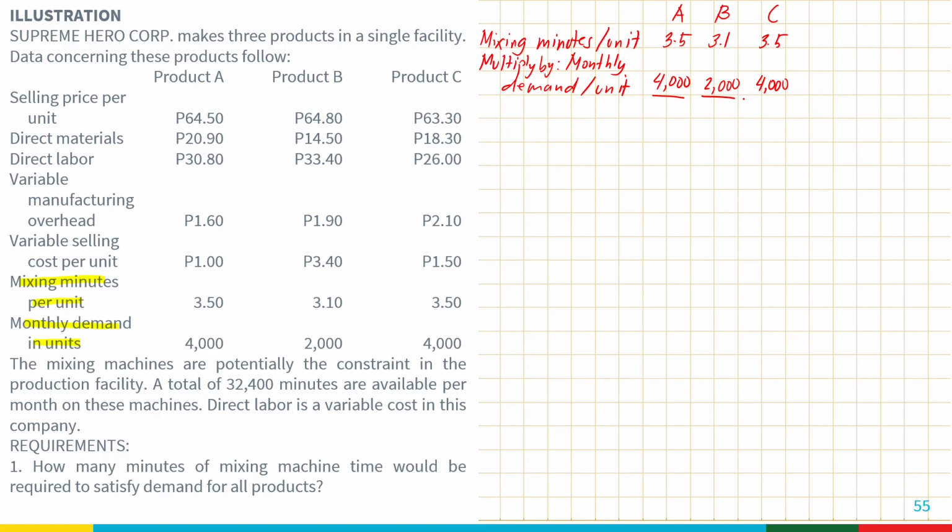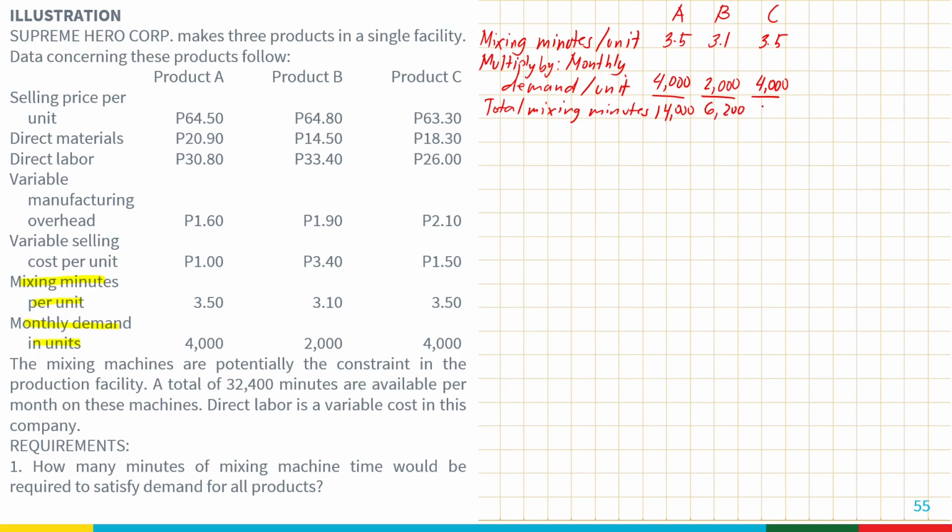So that if we're going to multiply, we have the total mixing minutes: 4,000 times 3.5, 3.1 times 2,000, 6,200.